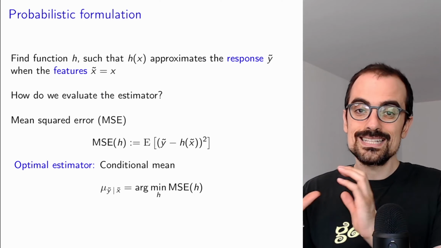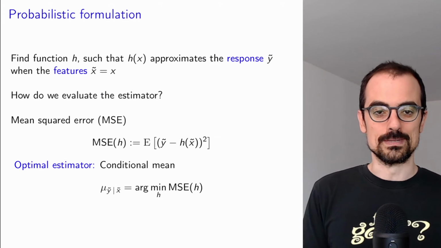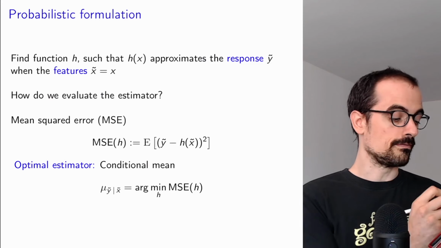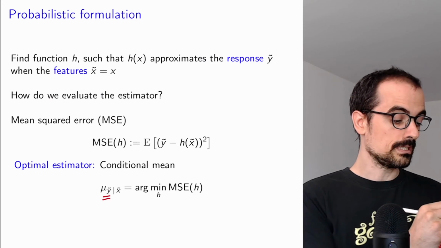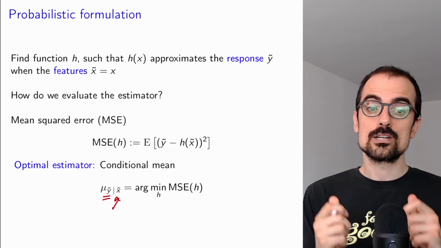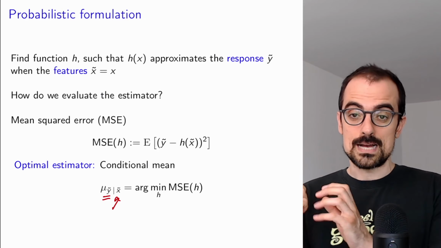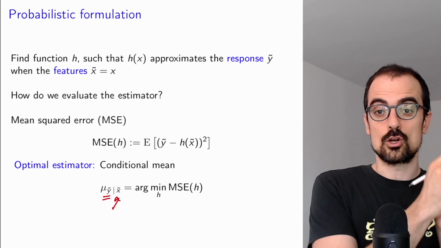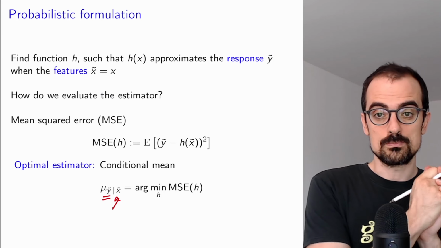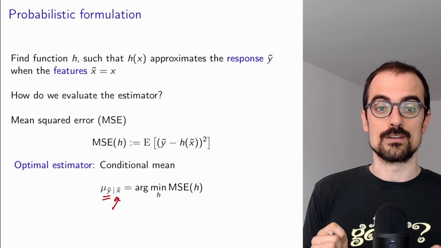There is no other estimator that can have a better mean squared error than the conditional mean. This is the conditional mean of the response given the feature. So for each value of the feature, this estimator maps the feature vector to the conditional mean of the response given that the random vector that represents the features is equal to that specific value.